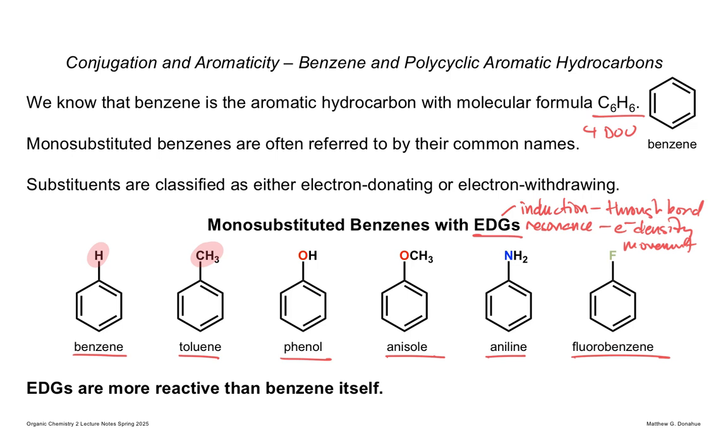But if this was your starting material and you wanted to put a second group on there, in terms of the unique positions, these two are the same, these two are the same, and that's different. So in theory, if you started with toluene and wanted to do another substitution, you could end up with 3 different products. But as we'll see, due to either induction or resonance, that group is going to point you into which position the next reaction will occur.